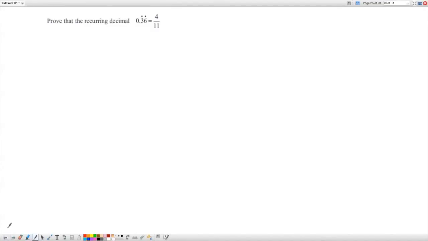We're asked to prove that the recurring decimal, 0.36 recurring, is equal to 4 over 11. There are a number of ways that you might want to do this. Let's look at the simplest way. First off, let x equal this recurring decimal, 0.36 recurring.